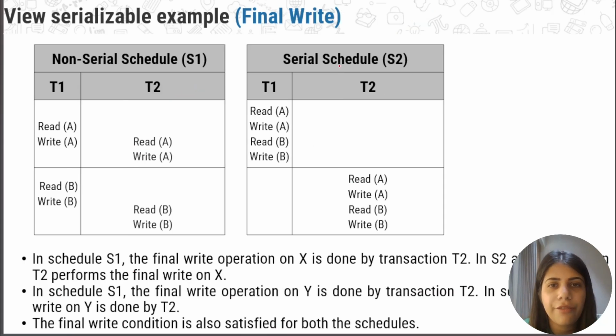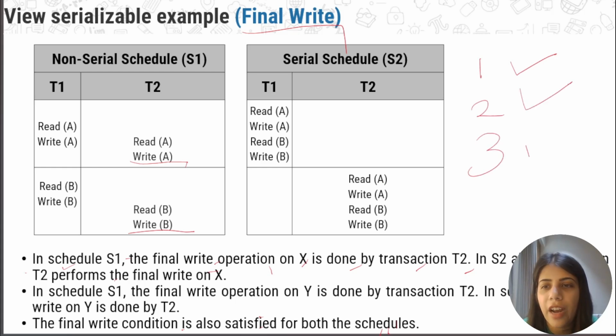Let's see the next one, final write. In schedule S1, the final write operation on X is done by transaction T2. In S2 also, transaction T2 performs the final write on X. The final write condition is also satisfied for both schedules, which means the first condition, initial read, is satisfied, the second condition, updated read, is satisfied, and the third condition, final write, is satisfied.